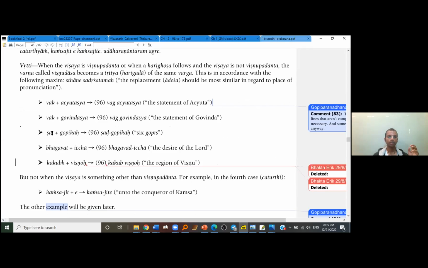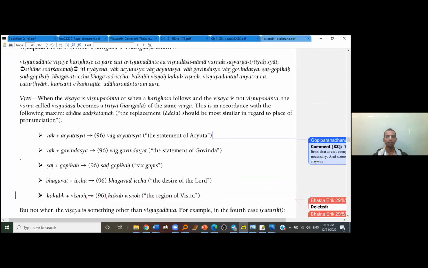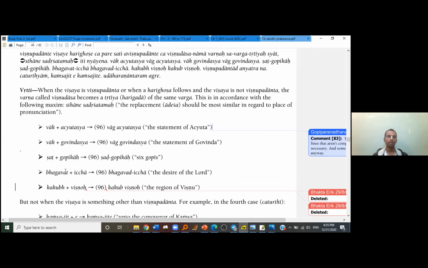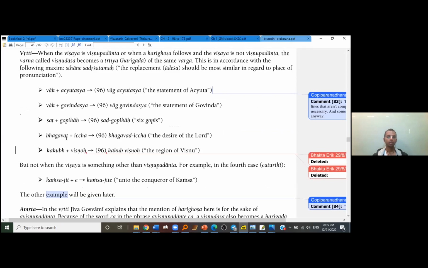Okay, yes. So like that, Shat Gopika. So Ta is viṣṇu-dāso, and becomes hari-gadā. So Shat Gopika. Da is the hari-gadā. Satritiya Varna, as it says, Savarga Tritiya. So the Savarga Tritiya of Ta is Da, Ta Tha Da, Bhagavad Ichha.